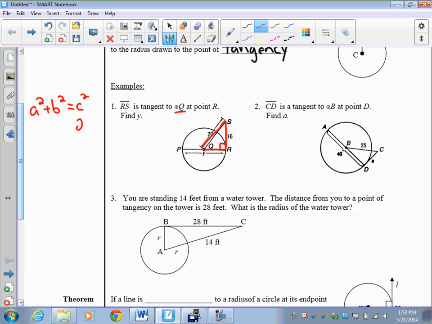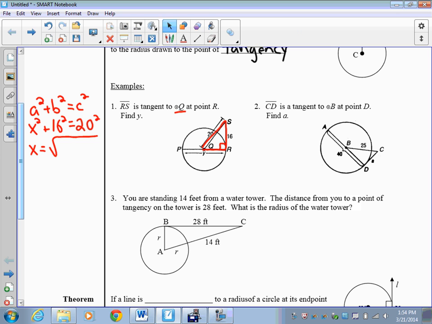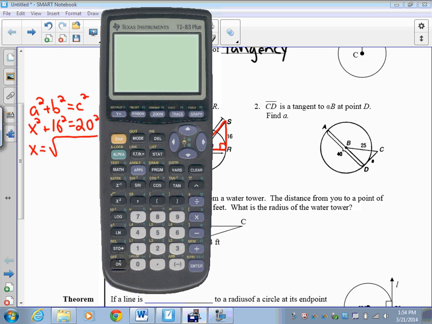So c is 20, that's the hypotenuse, and we have what we're going to call x and 16 squared. So x is going to be equal to the square root of 20 squared minus 16 squared, which comes out to be 12.